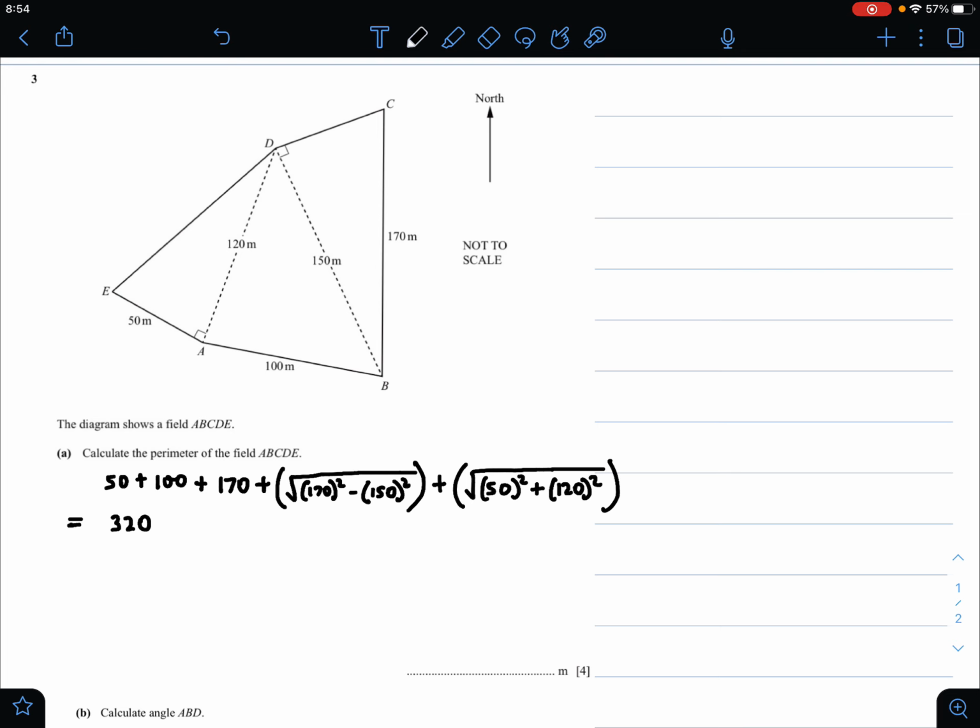plus, okay, so now we have to work out the sides that we don't know. So 170 square is equal to 28,900 minus 150 square, which is equal to 6,400, my bad, and the root of that, so that would be 80.